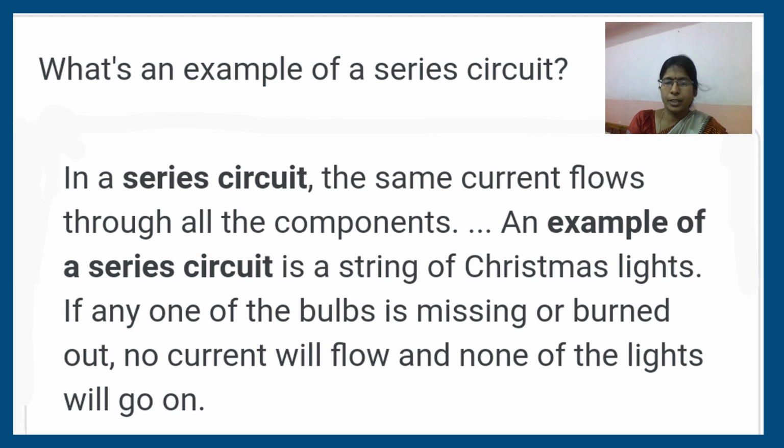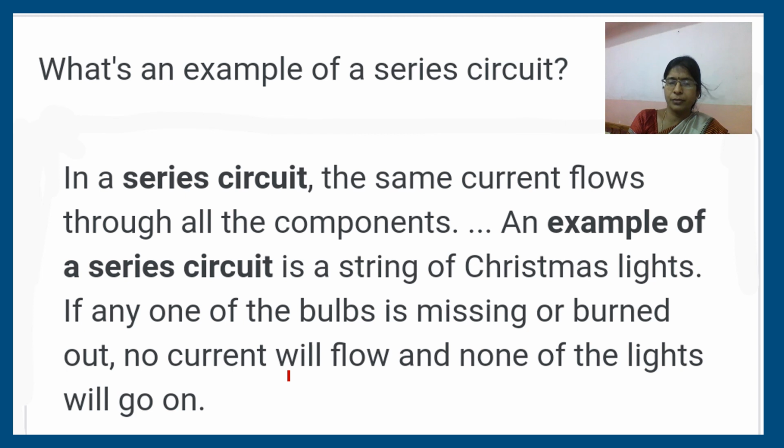Example of a series circuit. In a series circuit, the same current flows through all components. So, an example of a series circuit is a string of Christmas lights. If any one of the bulbs is missing or burned out, no current will flow and none of the bulbs will glow. Here, the same amount of current flows through it.